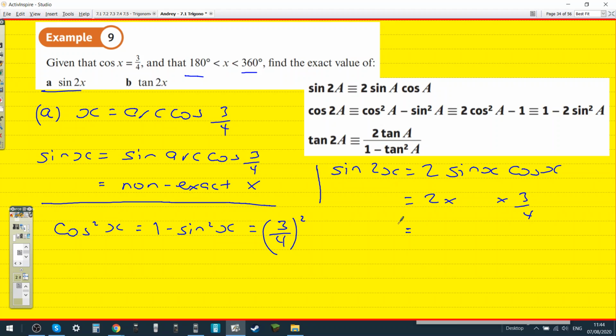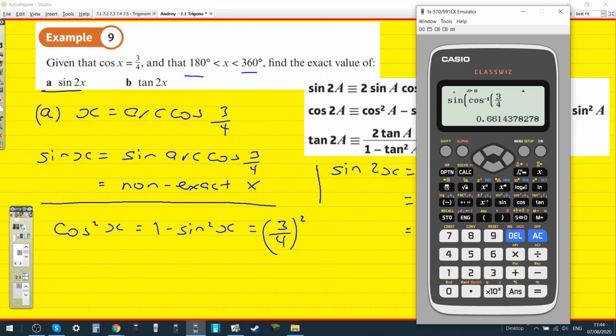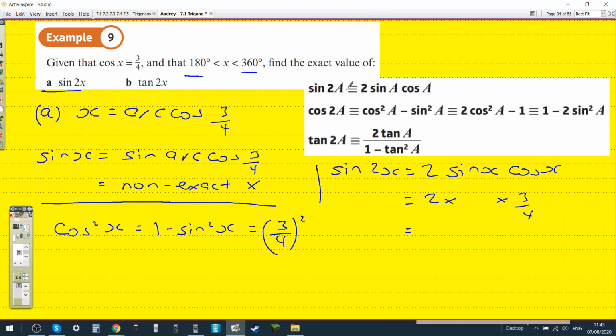So for sine x, would that be 2 times sine arc cos 3/4? You could try it. No, bad answer. Just inexact, I think.